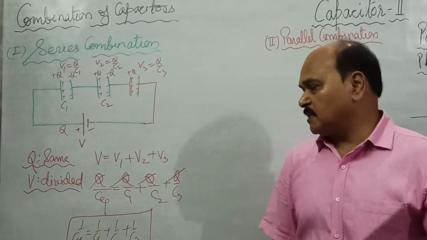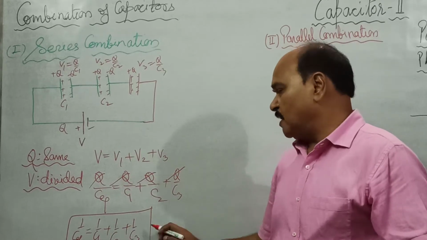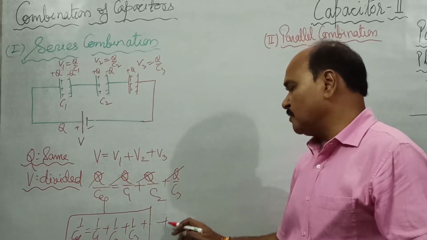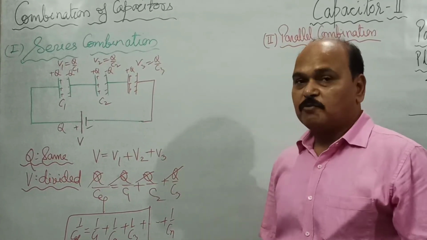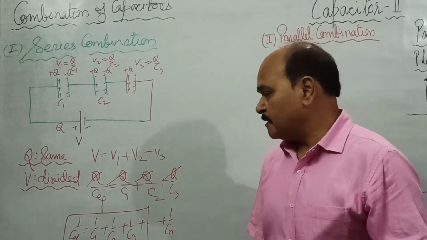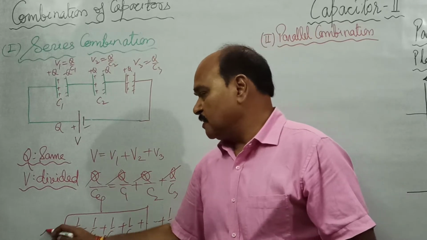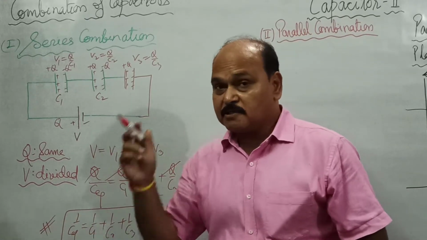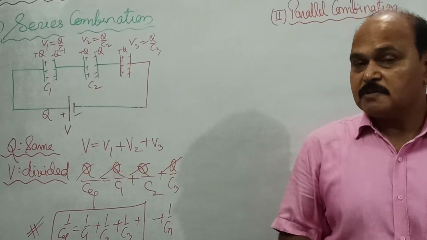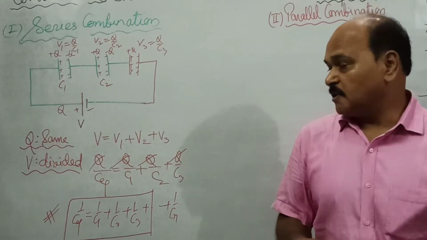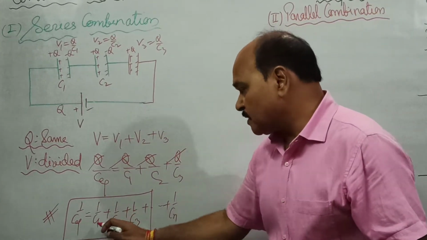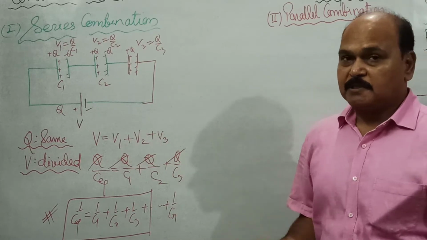If there are two capacitors, it is 1 upon C1 plus 1 upon C2. And if there are n number of capacitors, it is what? The sum is going to be from 1 upon C1 up to 1 upon Cn. So what is the equivalent capacitance of capacitors connected in series? Inverse of sum of their inverses. Inverse of sum of their inverses is the equivalent capacitance.